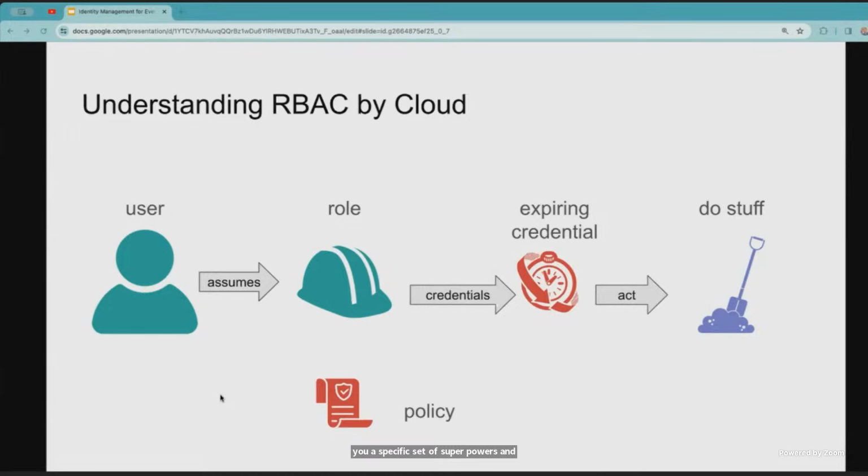And those superpowers come in the form of a policy that is attached to the role. That role generates, again, a set of expiring credentials, and then those credentials get handed to the API in order to act and do stuff. And the access decision facility evaluates those credentials and then decides if you get to do stuff or not.